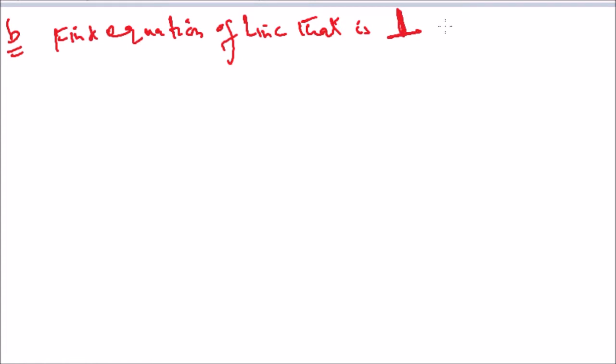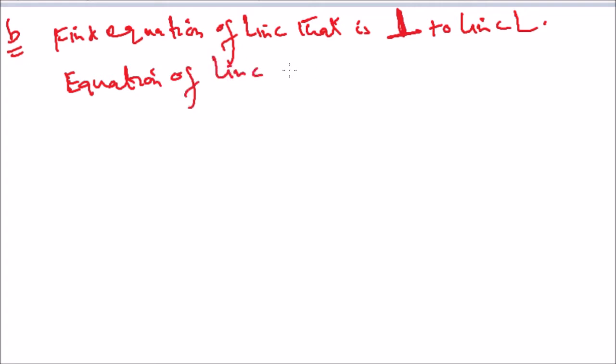The equation of line L is y is equal to 2x minus 3.